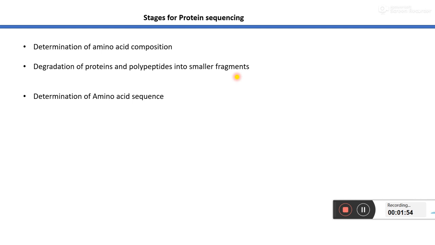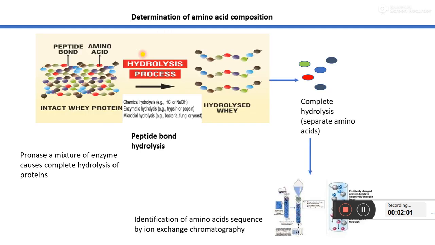Let's first discuss the first stage of protein sequencing, that is determination of amino acid composition in a particular protein. In this stage, the protein or polypeptide is completely hydrolyzed to liberate the amino acids, which are later quantitatively estimated. The protein hydrolysis may be carried out by acid or alkali treatment or by enzyme hydrolysis.